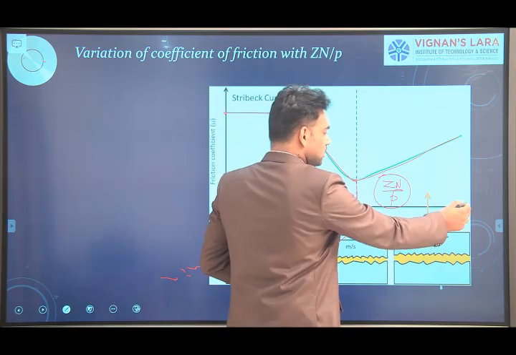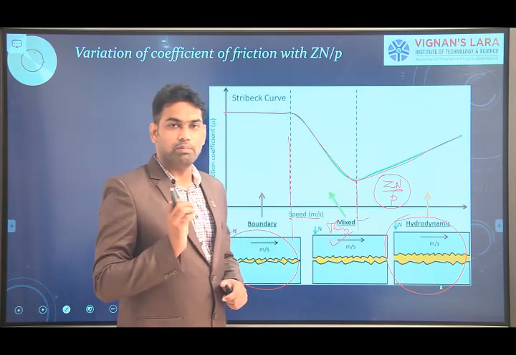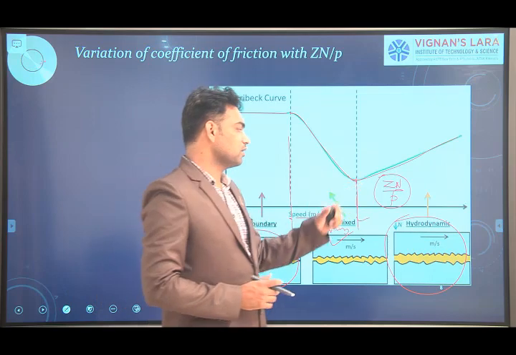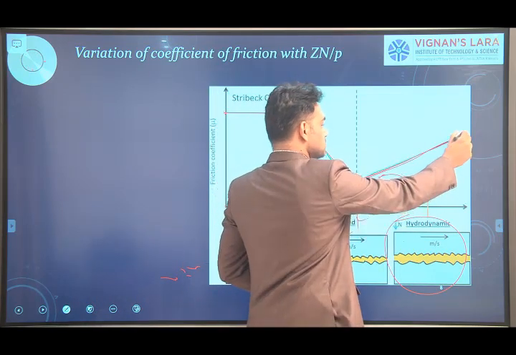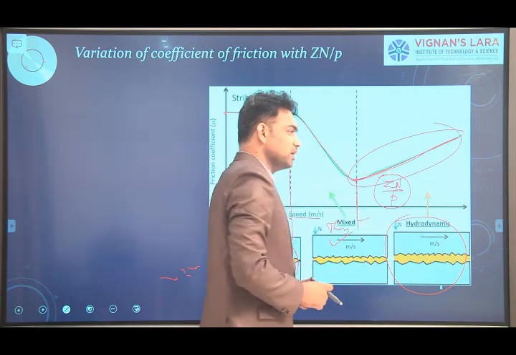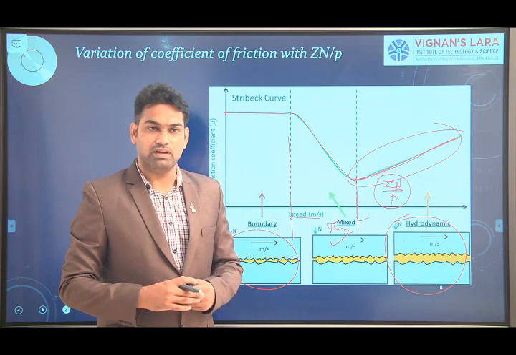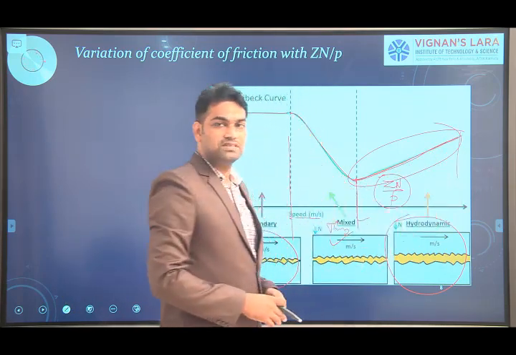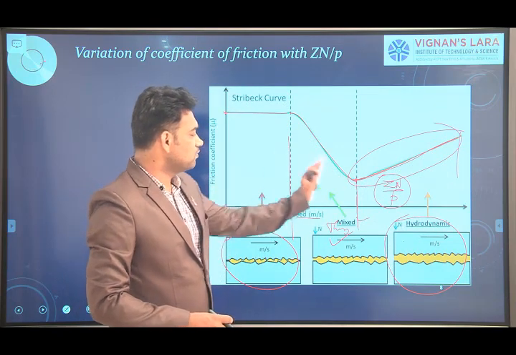Here in this region we can observe that a thick layer of lubricant is provided, so the bearing is operating in hydrodynamic lubrication condition. The desired working operation of the bearing should be from this region to this region. This is the only region where the bearing should operate without any metal friction. The only friction available in this region is viscous friction due to the viscosity of the lubricant. Clear? This is the curve given by Stribeck.